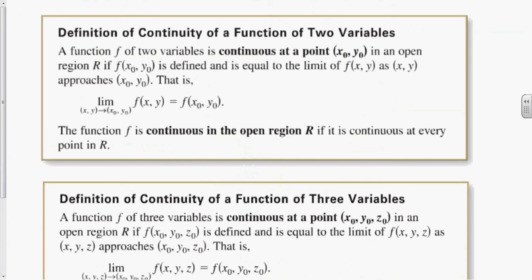Now, what are they saying there? They're saying that if I plug the values of x naught, y naught into the function, I don't get 1 over 0. They're saying when I plug the values of x naught, y naught into the function, it exists. And then also, the limit of the function as x and y approach that same point x naught and y naught is the function value. They're the same. That's continuity.